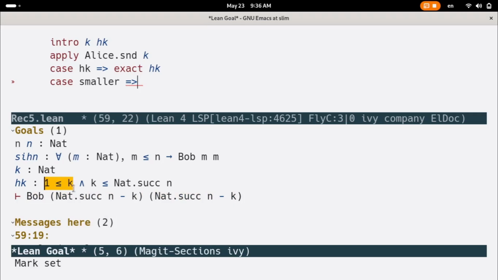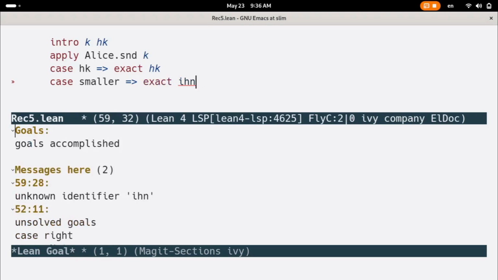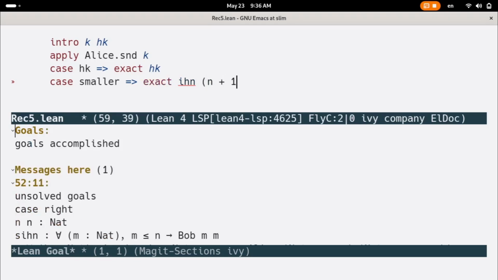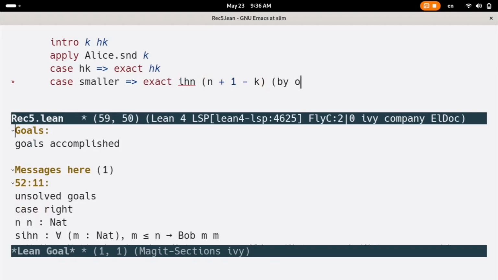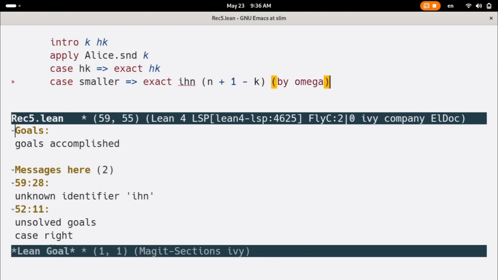Now we have to prove that Bob wins the game n plus 1 minus k, n plus 1 minus k. So we want to apply the strong inductive hypothesis for n. We just need to prove that n plus 1 minus k is less than or equal to n.